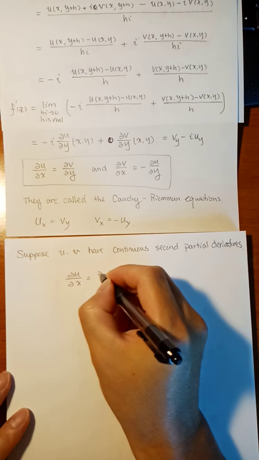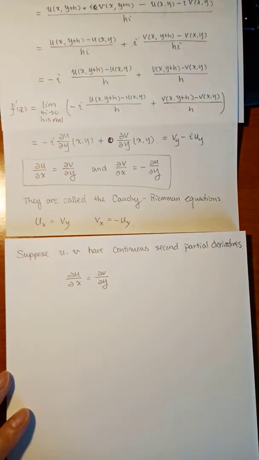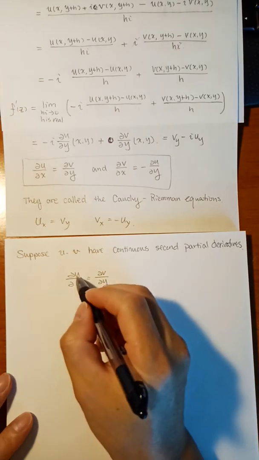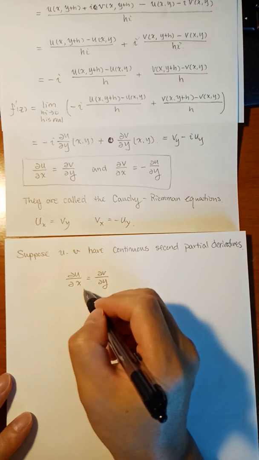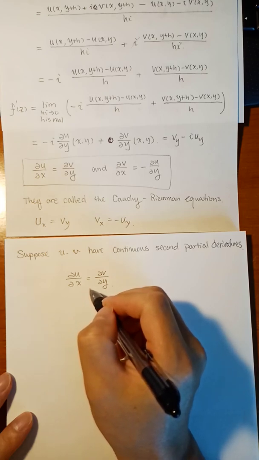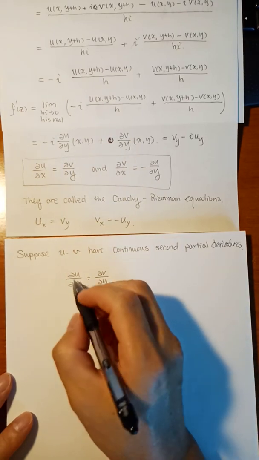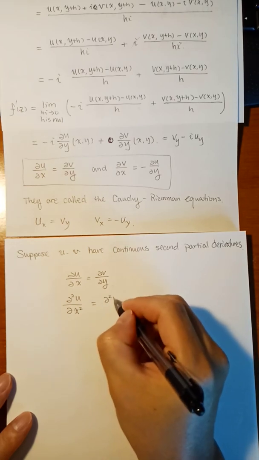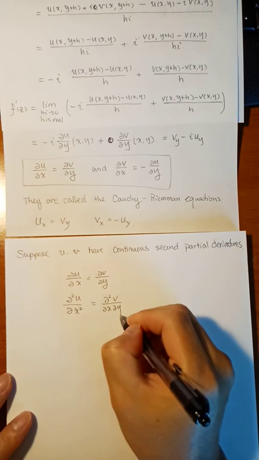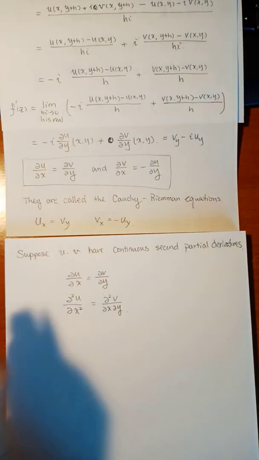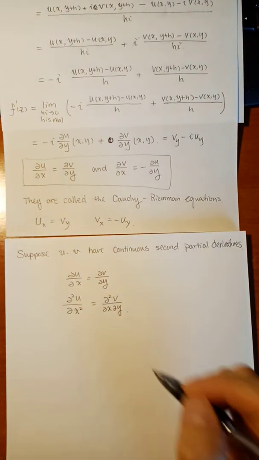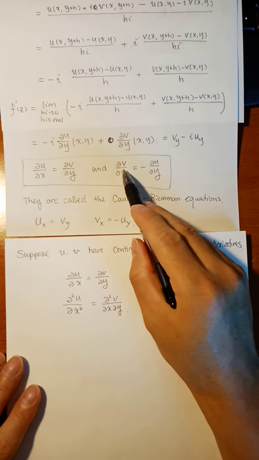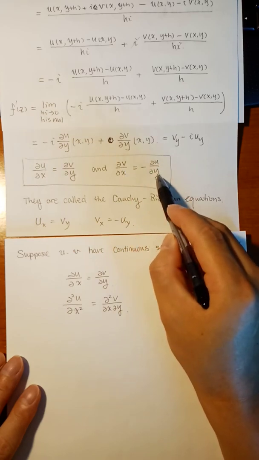We start from ux equal to vy. We differentiate again with respect to x, so we get the second derivative. The other one: partial v partial x is negative partial u partial y.